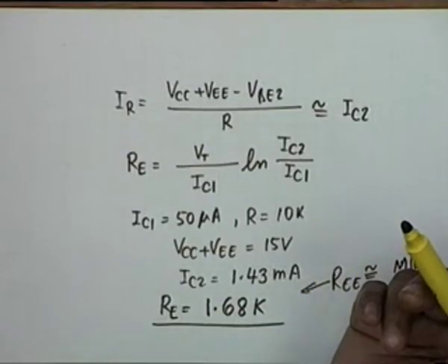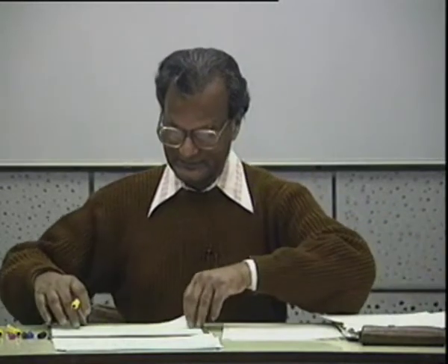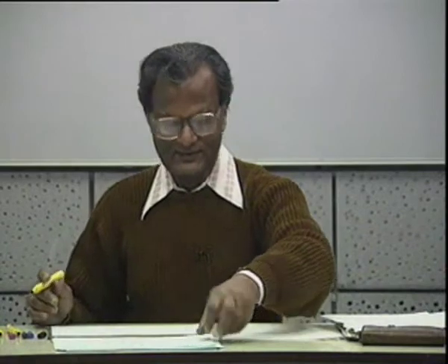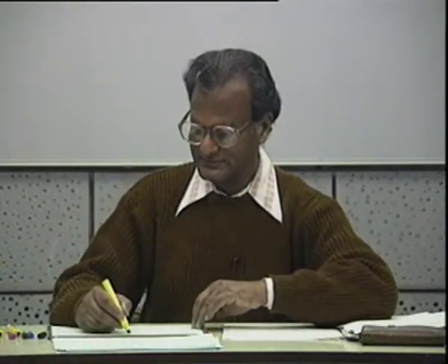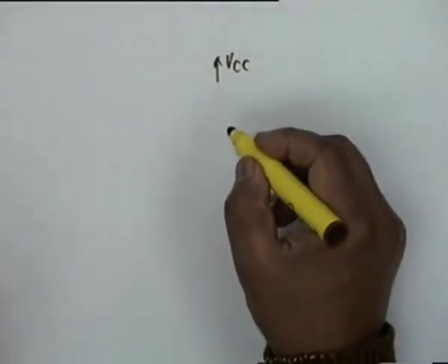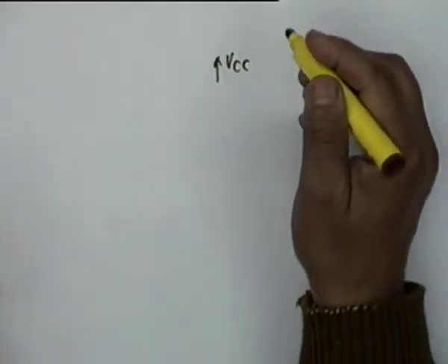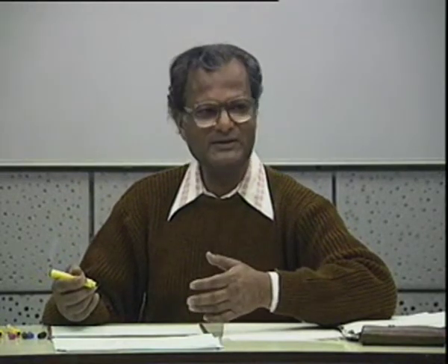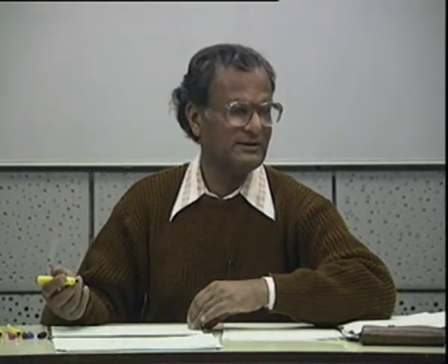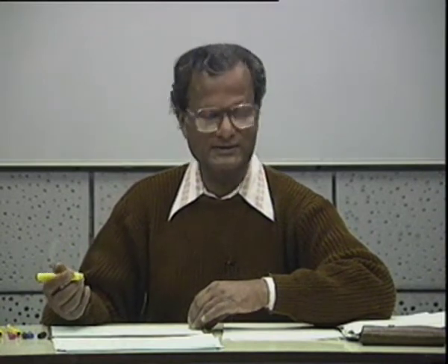We have to calculate the output impedance of this circuit. Let's take a simpler current source with VCC plus VEE lumped into one. That will not make a difference as far as output resistance is concerned because output resistance is AC.